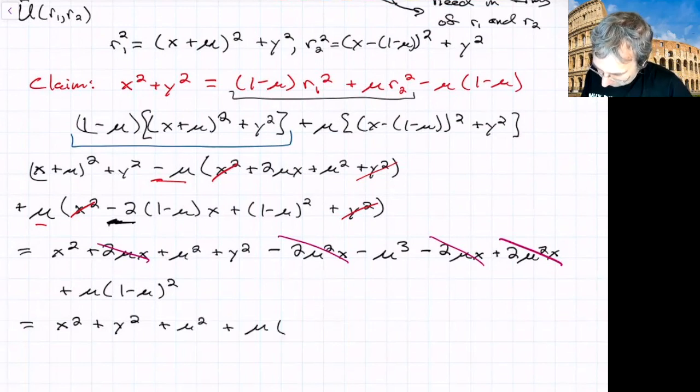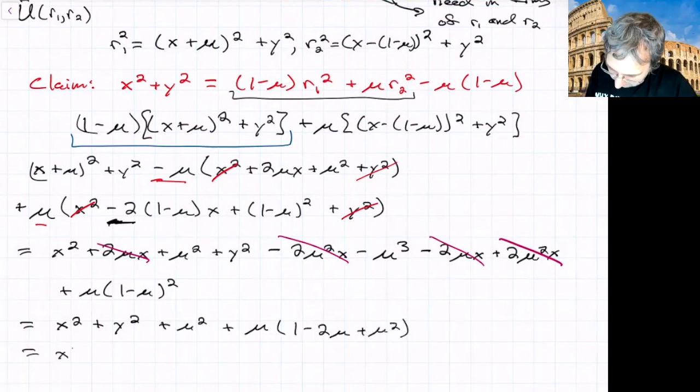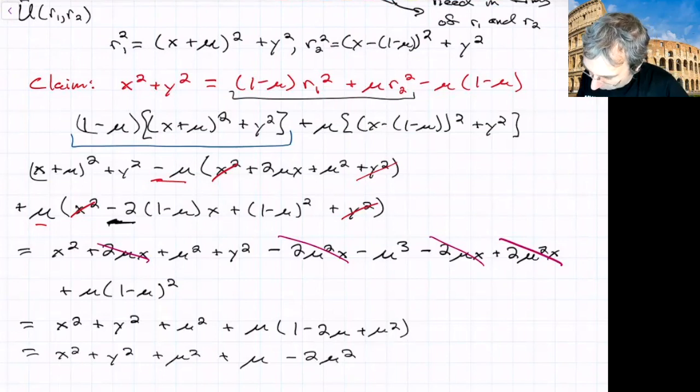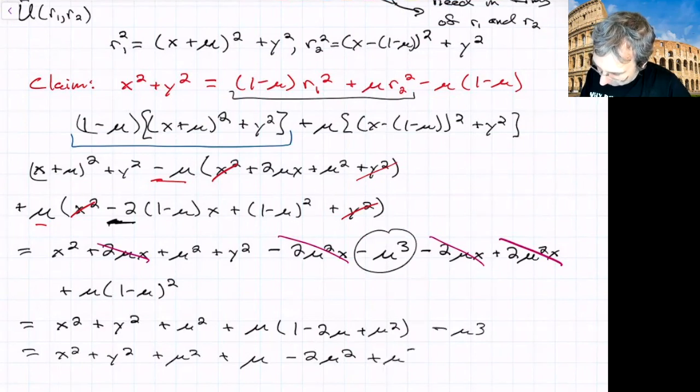Mu times (1 minus 2 mu plus mu squared) and plus mu minus 2 mu squared. I had a mu to the third from up here that I didn't include, minus mu to the third, because it cancels the plus mu to the third. Okay, so those go away.